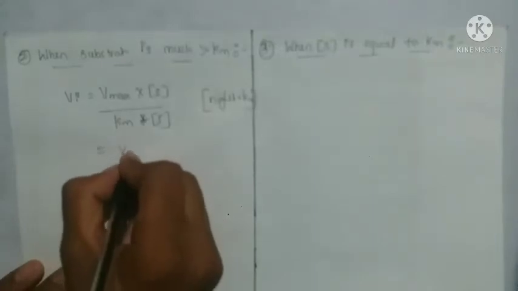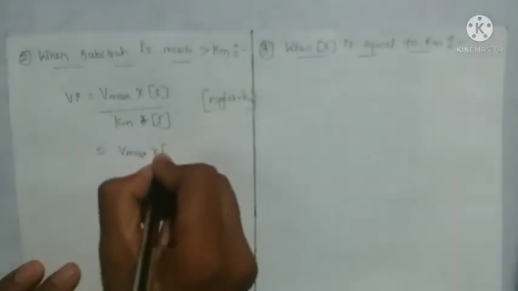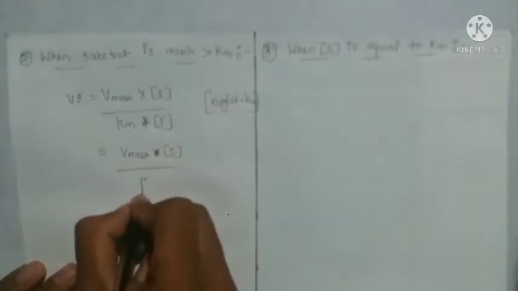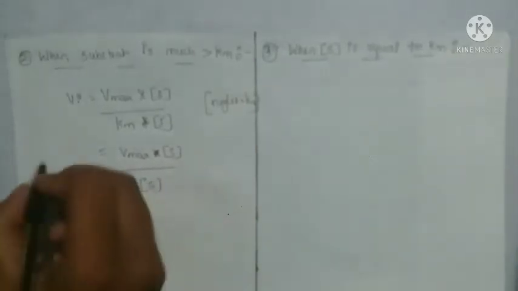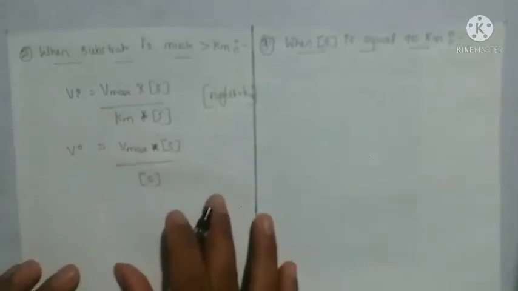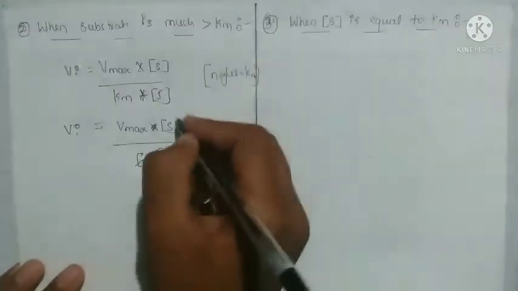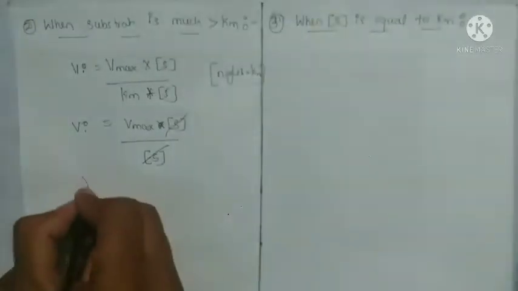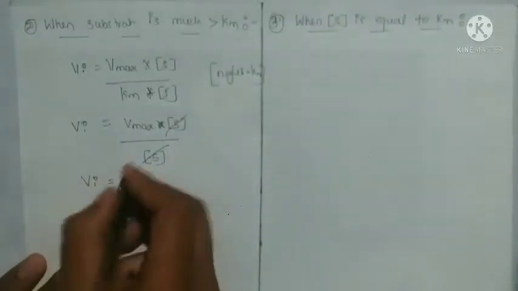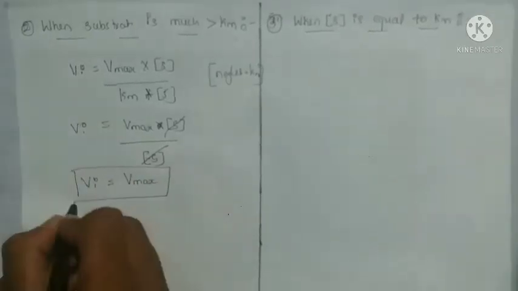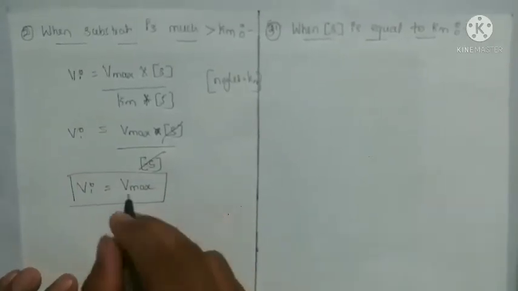The concentration of substrate cancels, and finally the initial velocity equals V maximum. That is the second condition.